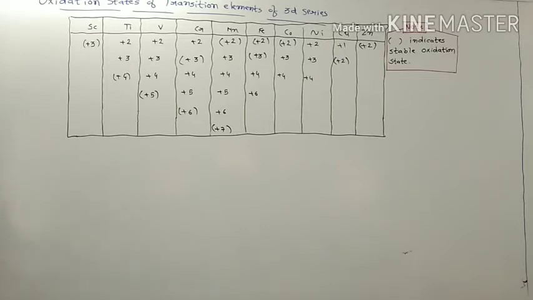So in transition elements, d orbitals are incompletely occupied.